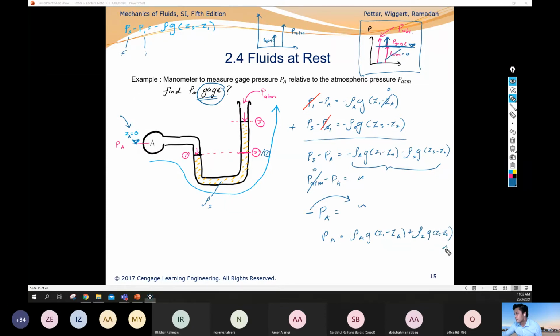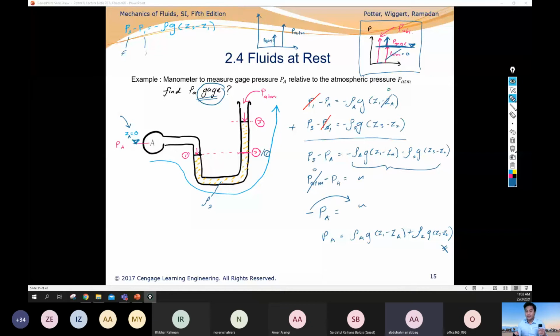Okay, so now everyone understand? Are you okay so far? Yes, doctor. Okay, this is without the value. Why don't we try with the value? All right. So far, do you have any question? Doctor, in this example, Z1 will be a negative value.